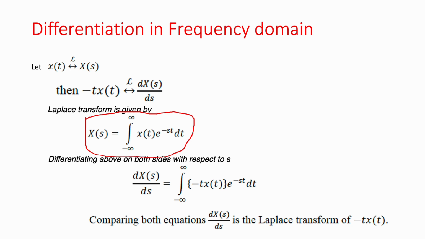If you look at the equation, you see the right hand side and the left hand side. You compare it. Comparing the equations, for dx of s by ds we get the transform of minus t x of t. This is the statement of differentiation in frequency domain. Hence the property is proved.